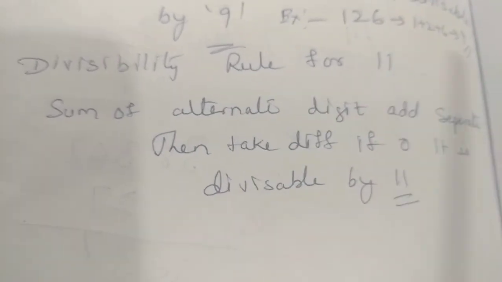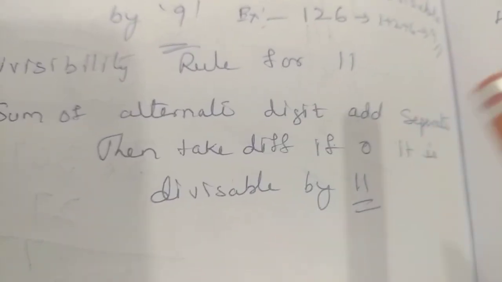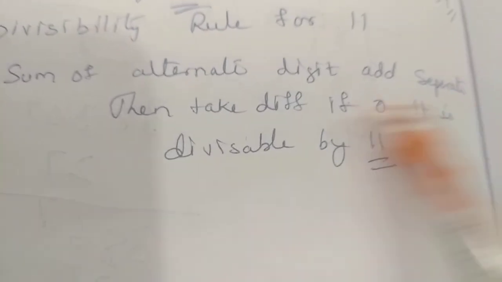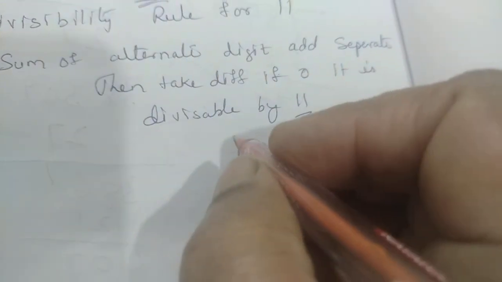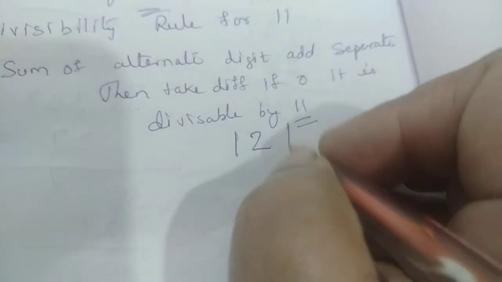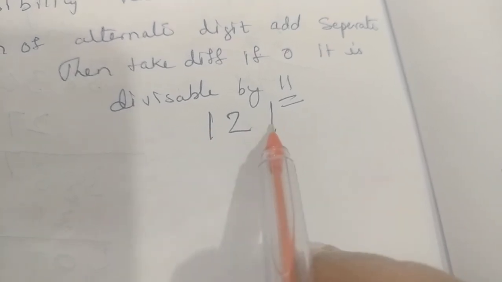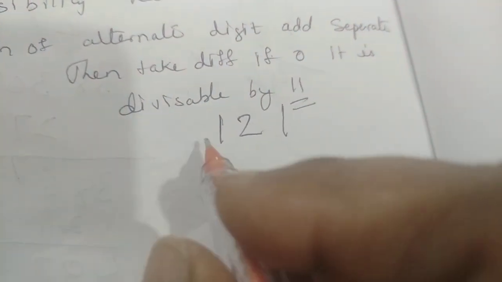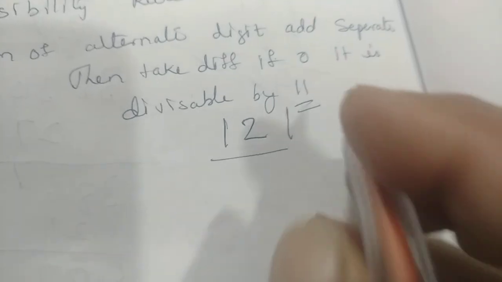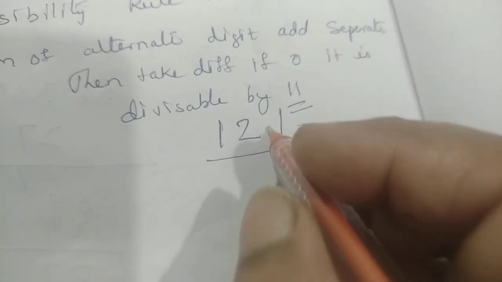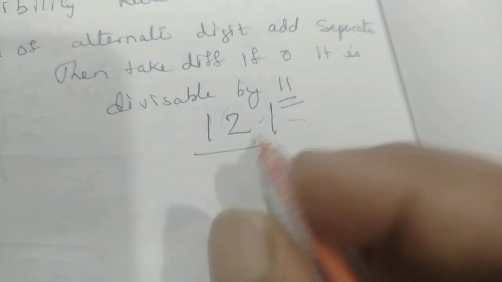If we get 0, then it is divisible by 11. Example 121: the alternate digits 1 and 1 add to 2, and the middle digit is 2, so the difference is 0, hence it is divisible by 11.